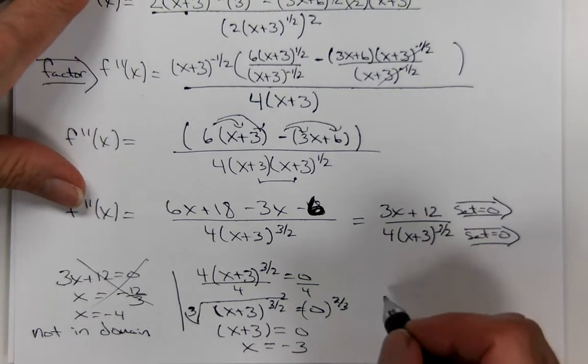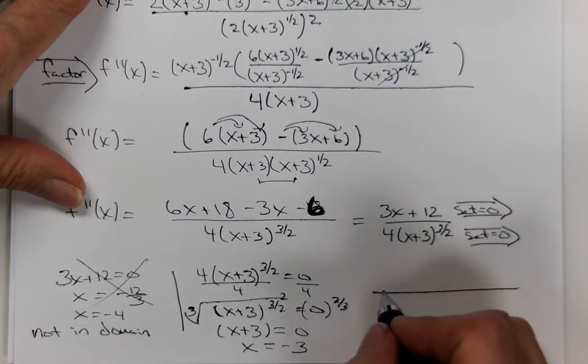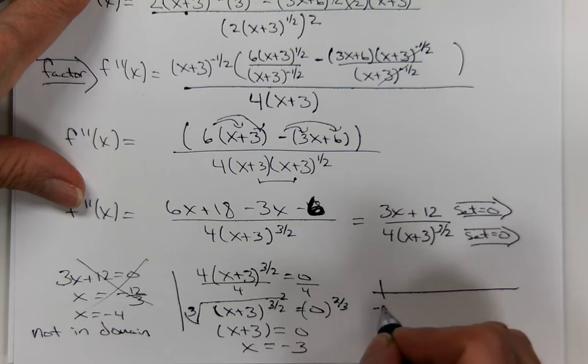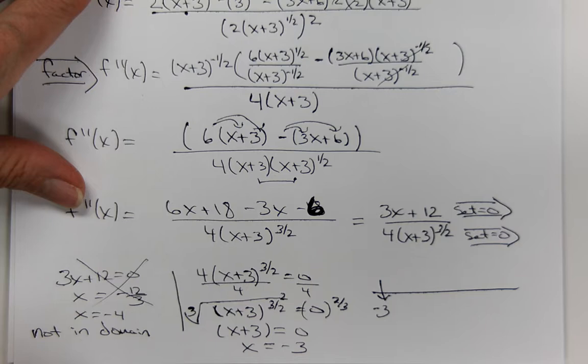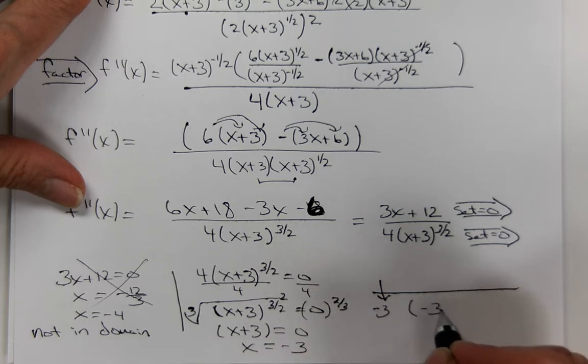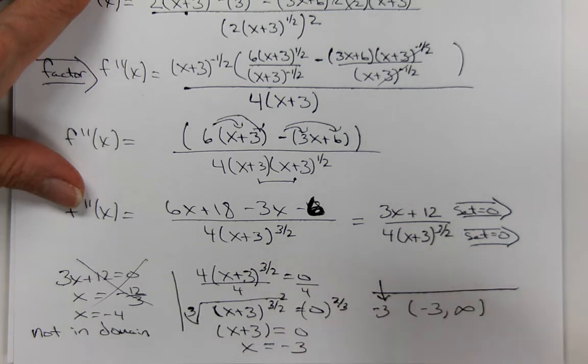So when you break this up, you're going to go from negative 3. There's your possible inflection point, and it really can't be because it can't change on either side because you have nothing on the left side to use. So you're really just testing the interval from negative 3 to infinity.